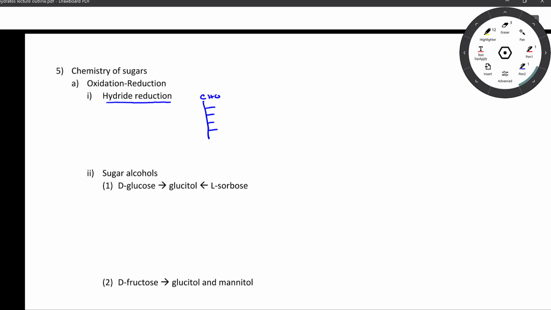And then I'm not even going to put the OHs on it. First step is sodium borohydride. And the second step is usually water workup to release the O minus from the sodium and the complex ion, and then that gives us this.